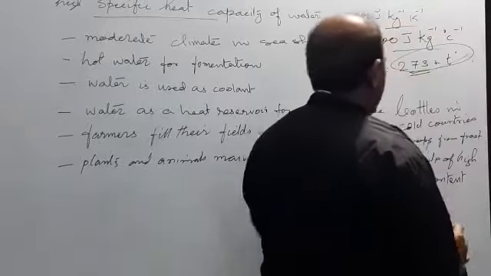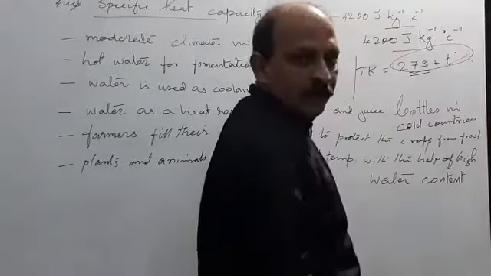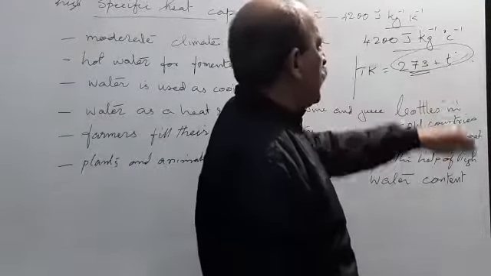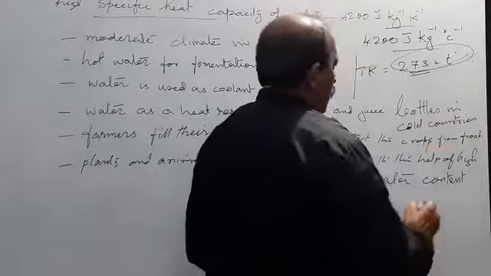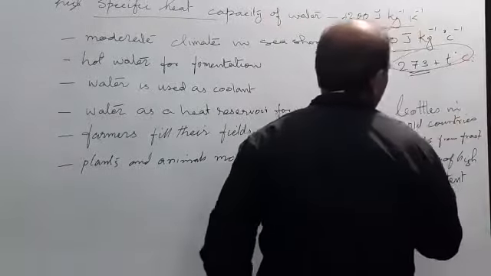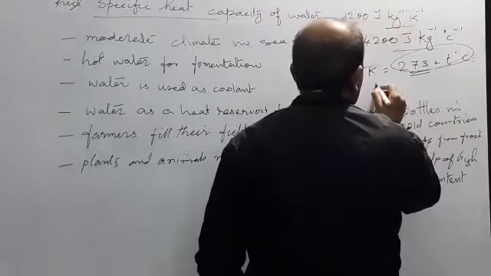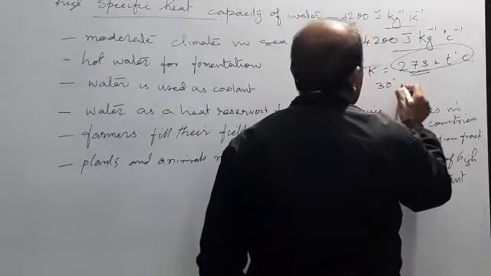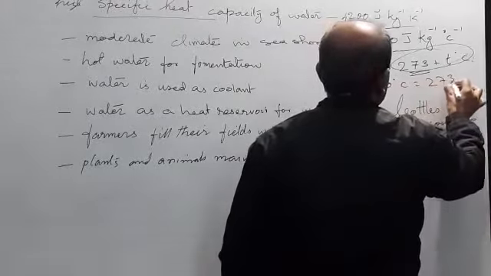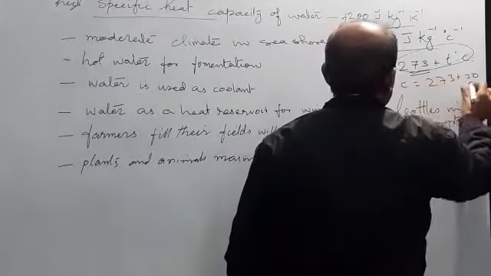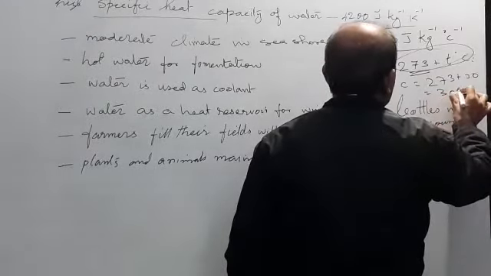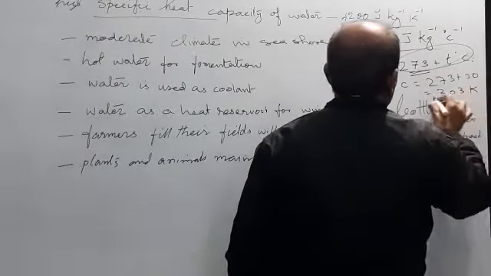Whatever measurement we are getting, that should be added with 273. For example, if we are getting 30 degrees Celsius, it is equal to 273 plus 30, that is 303 Kelvin.